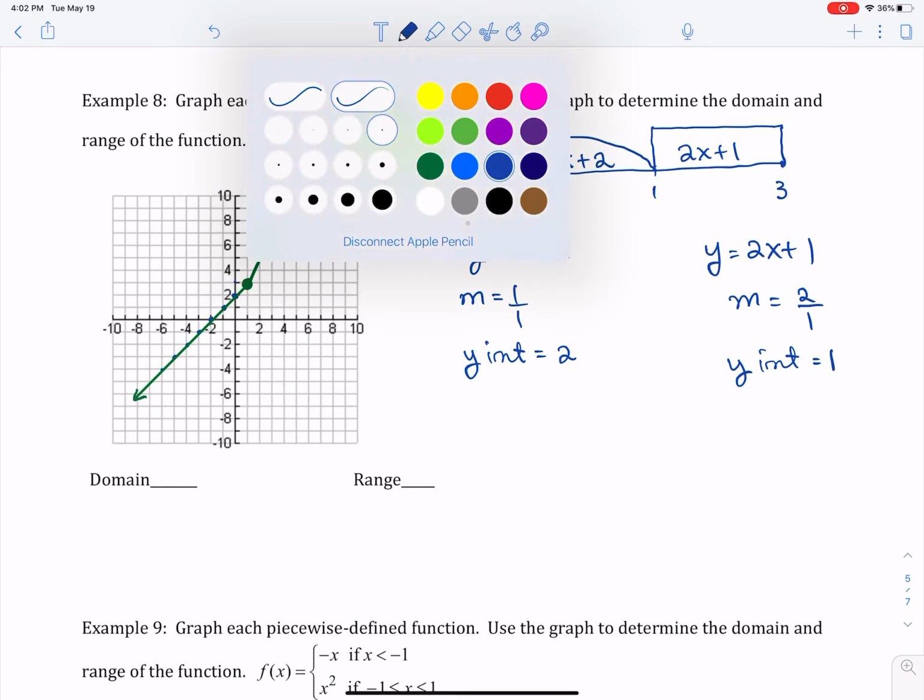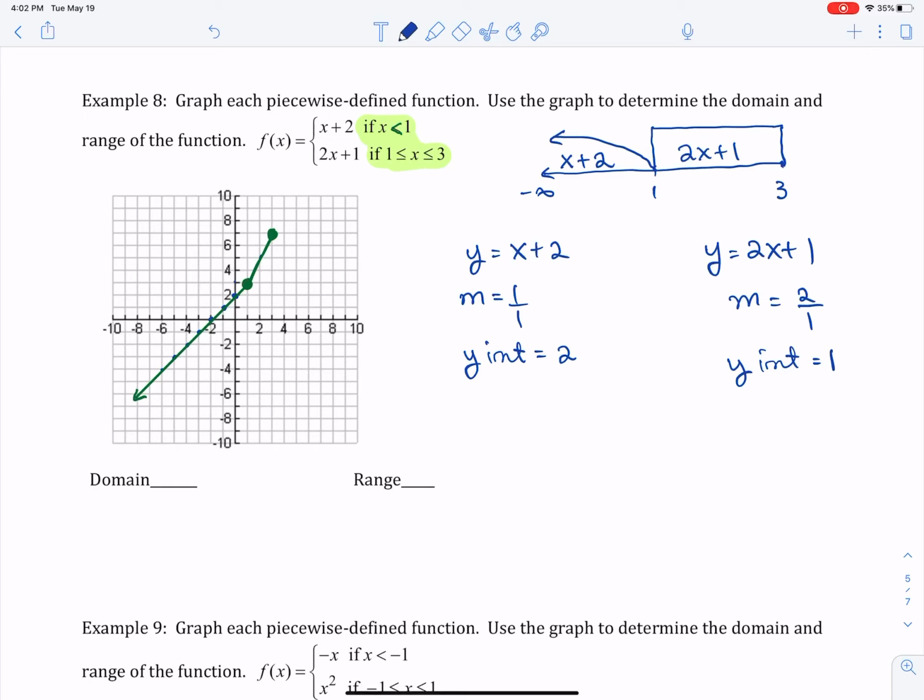So what is the domain now? Well, the domain started from negative infinity, and we went negative 1, 1 wasn't a problem, we went all the way up to 3. So the domain is from negative 1 to 3. Let's see what's the range. And for range, again, we're going to look at the y-axis and see where we see values.